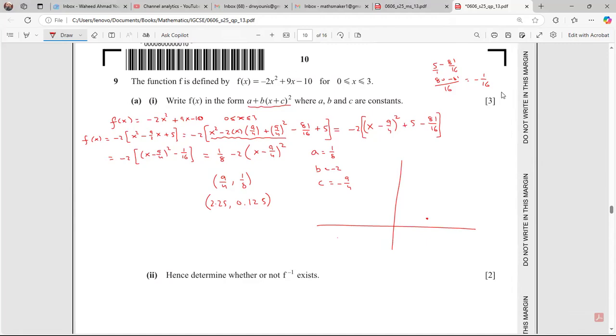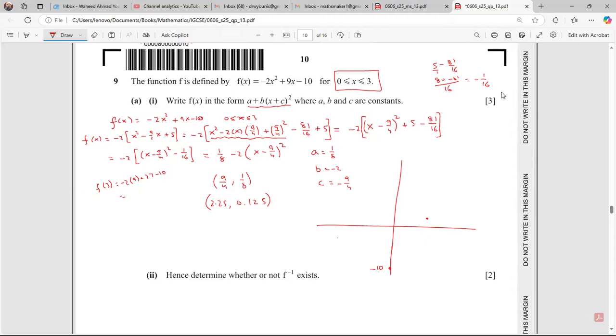So when x is 0, remember the range is this one. When x is 0, this whole thing will become minus 10. And when x is 3, let me see, f of 3 is going to be minus 2 into 9 plus 27 minus 10.